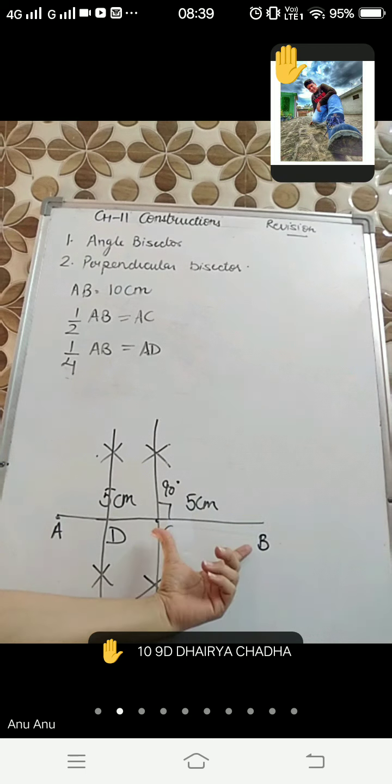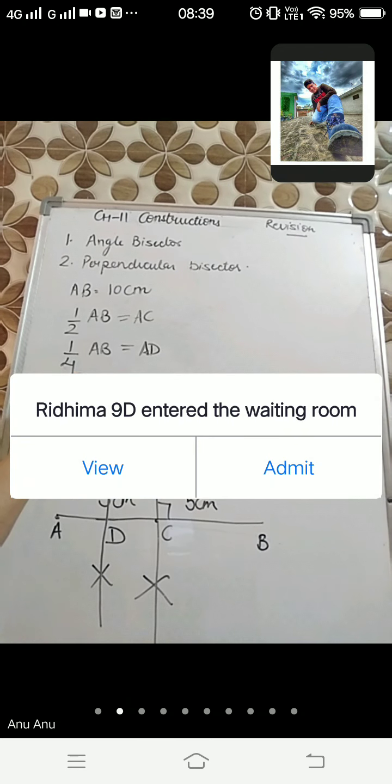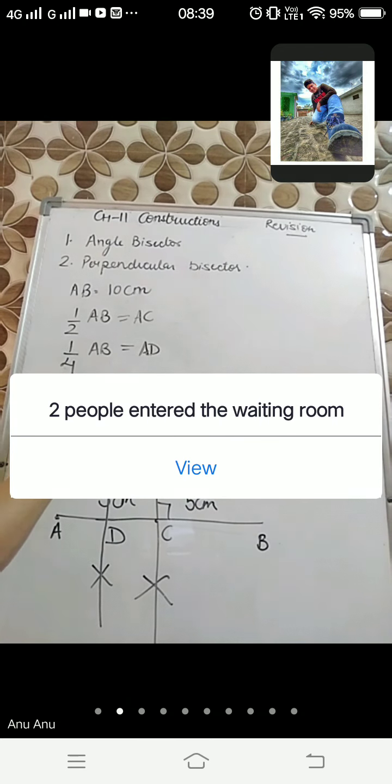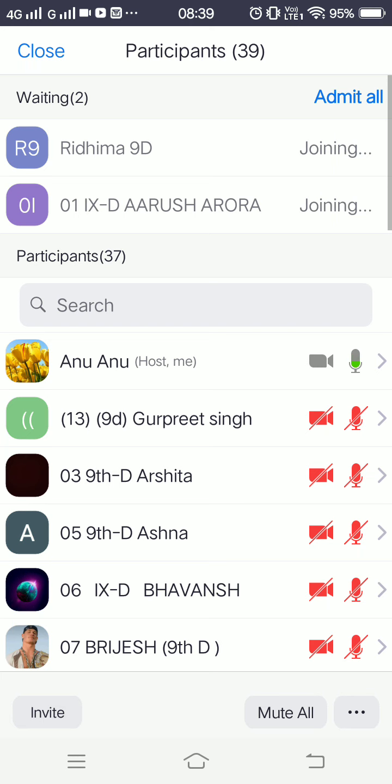If 1/4 is AD, can you tell me what is 3/4 of AB? Can anybody tell me, beta?